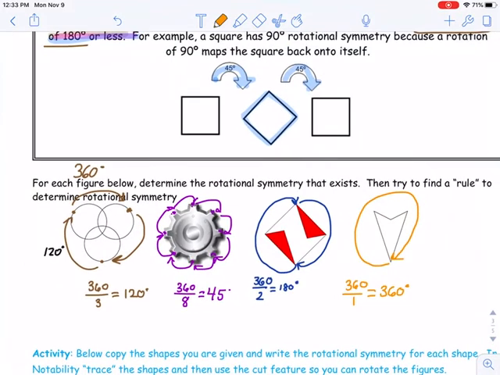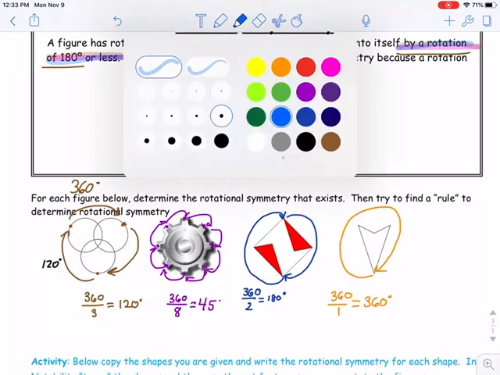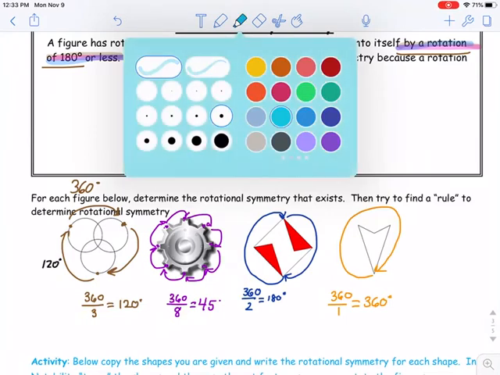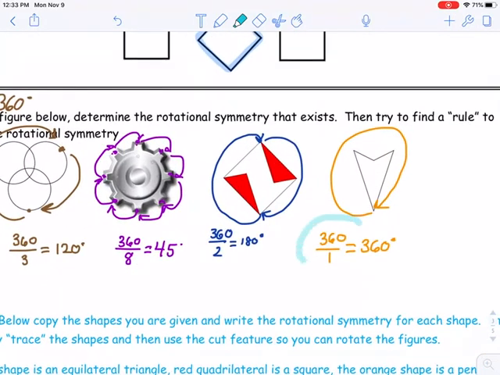Wait a second. By a rotation of 180 degrees or less. All right, it has to have 180 degrees or less. 360 degrees is not considered rotational symmetry. Why?